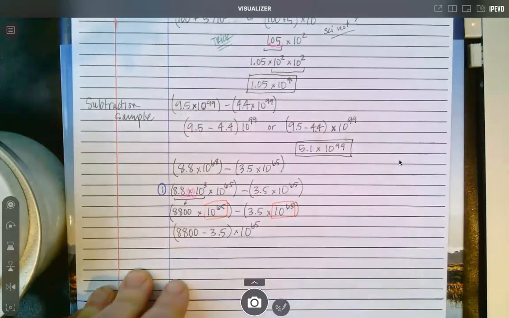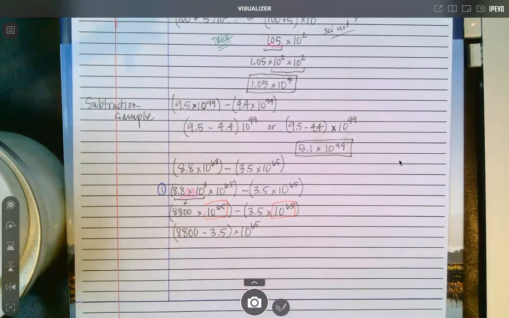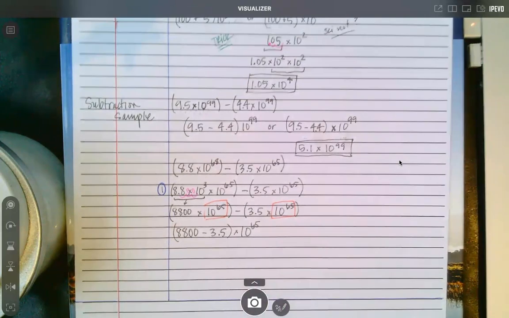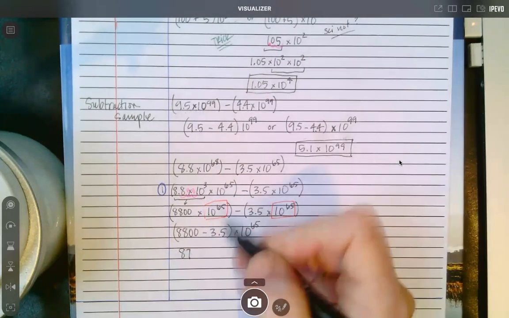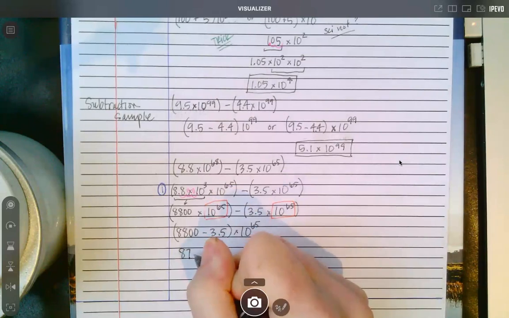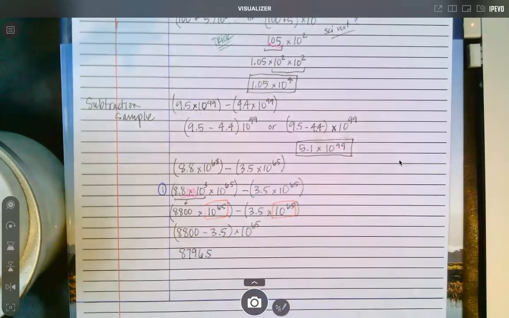8,800 minus 3.5 would be 8,796.5, I believe.